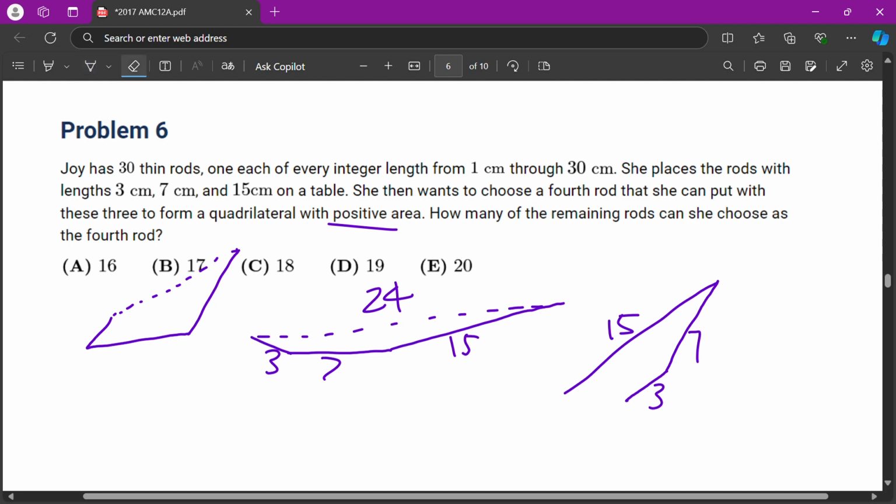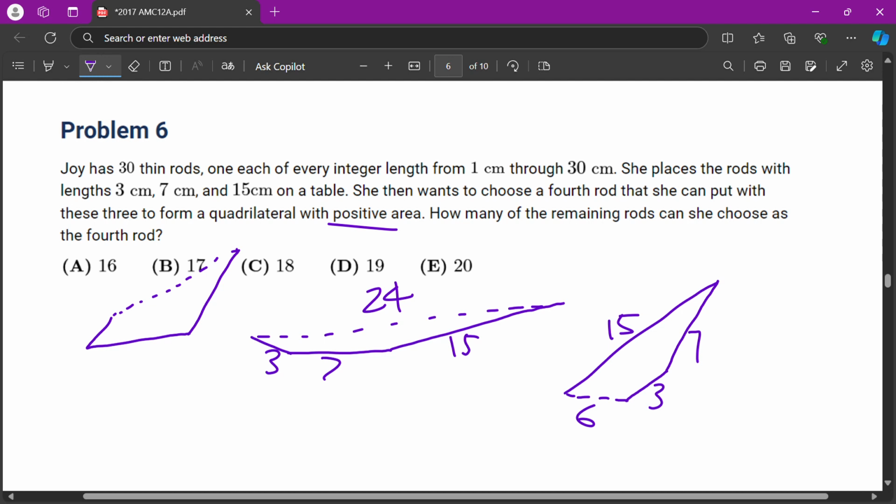How will we get 0 area? Well, if this remaining one is 5, then 5 plus 3 plus 7 is 15. You're going to have 0 area. We cannot use 5 or anything smaller than 5. We got to use 6. And that will make a really narrow quadrilateral.